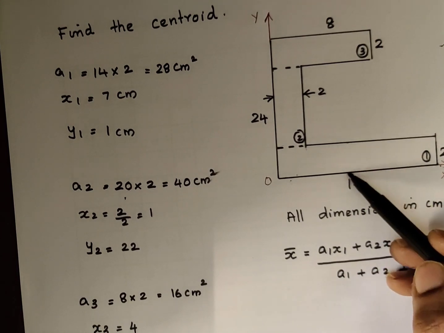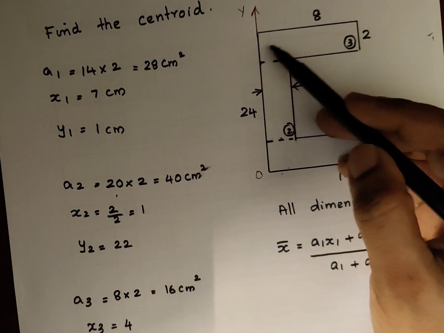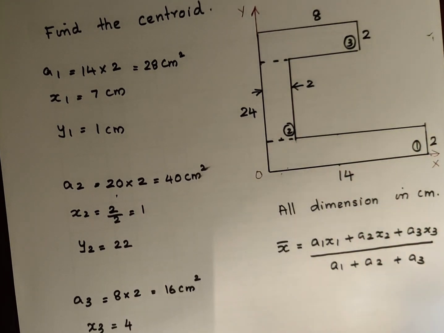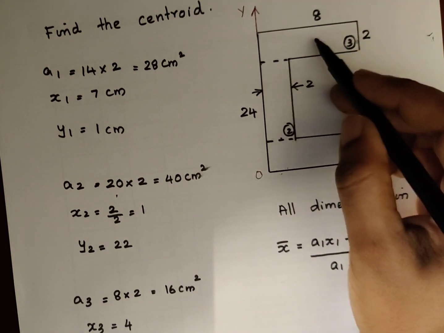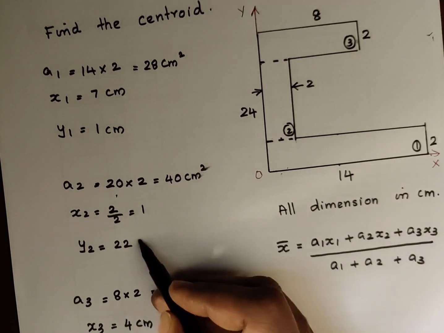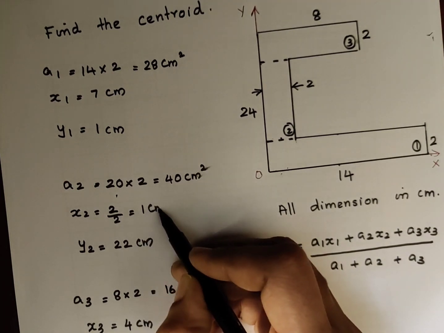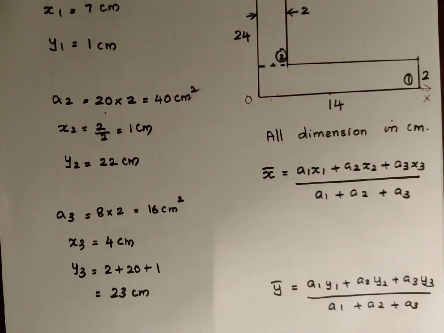So this length is 2, this is 20. Then half of this length, that is 1. So 2 plus 20 plus half of this length, this is 2, so this length is equal to 1. So 23, unit is centimeter. So now you have to substitute all the values in this equation.